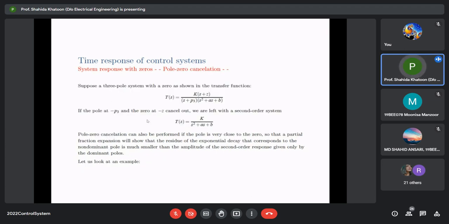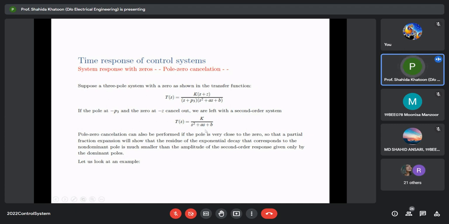Okay, let us take another example with pole zero cancellation. Suppose a 3-pole system with a zero as shown in the figure: K(s plus z) upon (s plus p3)(s square plus as plus b). If the pole located at -p3 and the zero at -z cancel out each other, we are left with the second order system K upon s square plus as plus b.